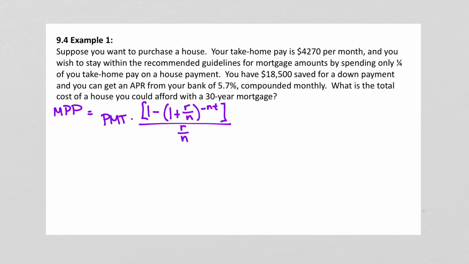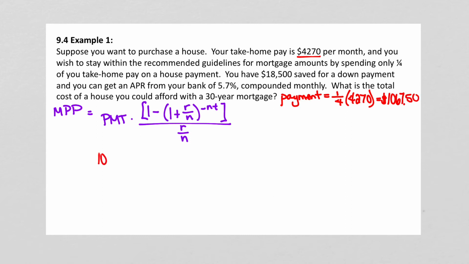Okay, so the first thing we need to figure out is what is our payment going to be? So the take-home pay is $4,270 per month, and we want 1/4 of that to be the payment. So our payment will be 1/4 of 4,270, and that is $1,067.50.